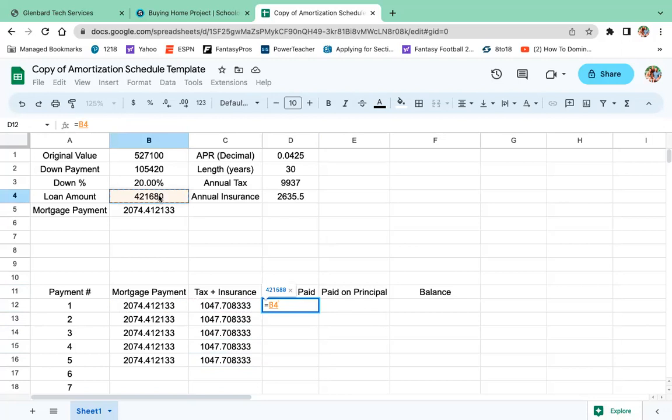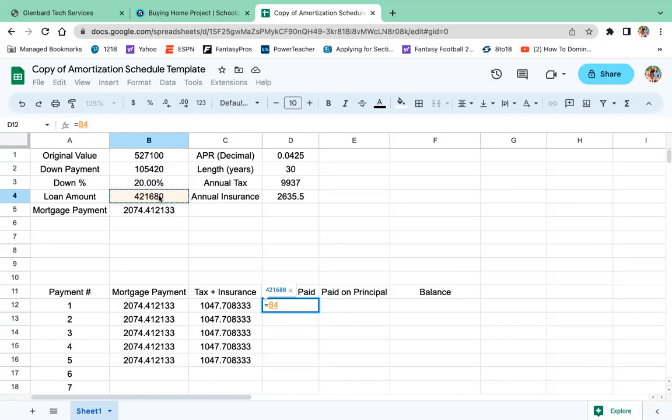And remember, we have the formula of PRT, simple interest, to calculate this. So it's principal times rate times time. Well, the time period's just going to be 1 month. So the time period's going to be 1. The rate is going to be 1/12 of your annual rate.